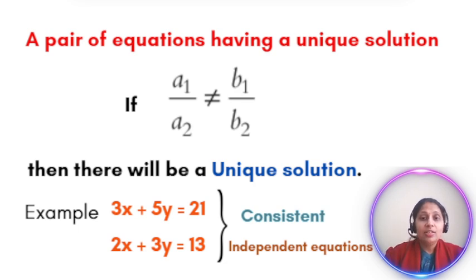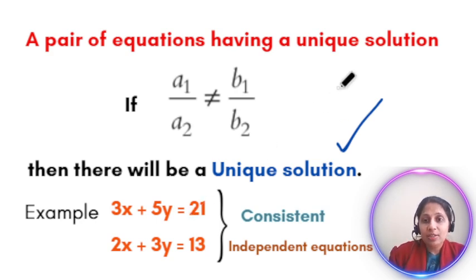That means the coefficients, if you put it in ratio form, a1 by a2 is not equal to b1 by b2. The ratio of the coefficients of x is not equal to the ratio of the coefficients of y. Then there will be a unique solution. Consider this example: 3x plus 5y equals 21, 2x plus 3y equals 13.